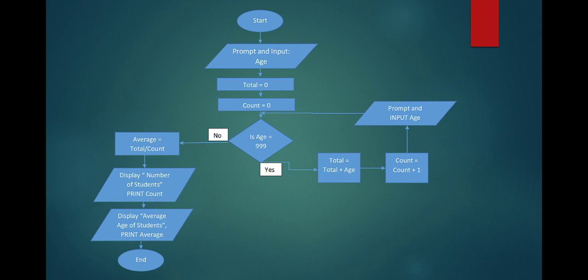Then count will be incremented by 1. And the user is prompted for age again, and that cycle will continue until the statement evaluates to false, and then it will go ahead and calculate the average and display the number of students.